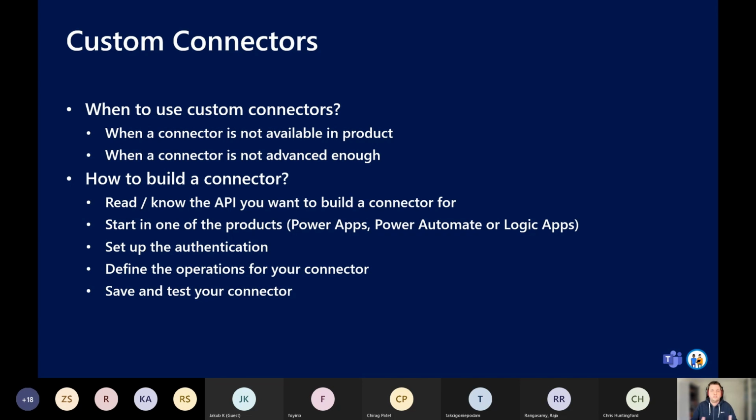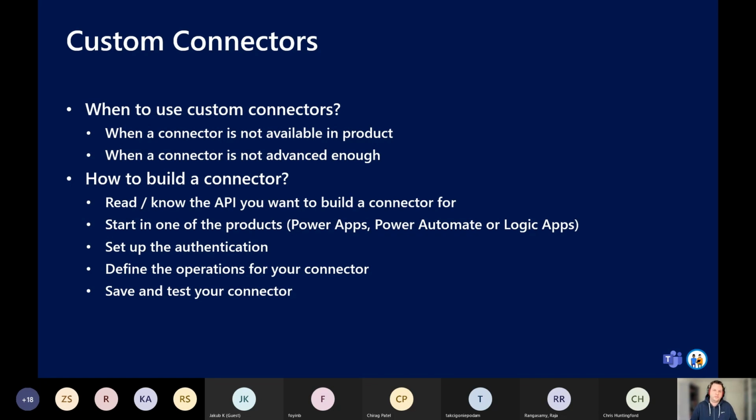So I've seen tons of people create custom connectors for, for instance, Microsoft Teams, because some of the actions that you want for Microsoft Teams are maybe not available inside of the connector. I know the Microsoft Teams connector is pretty advanced, but there have been certain scenarios that haven't been included in that connector. So that's why then a custom connector could be really interesting.